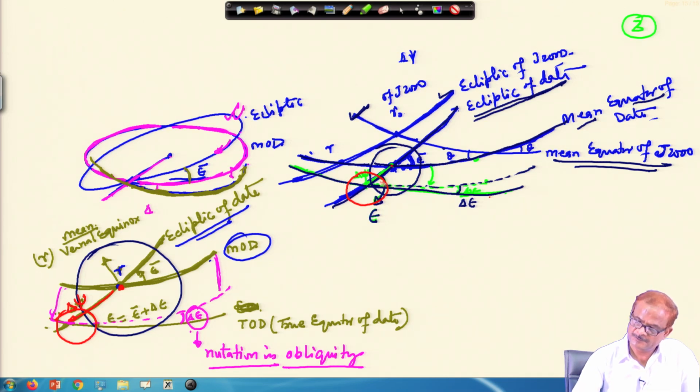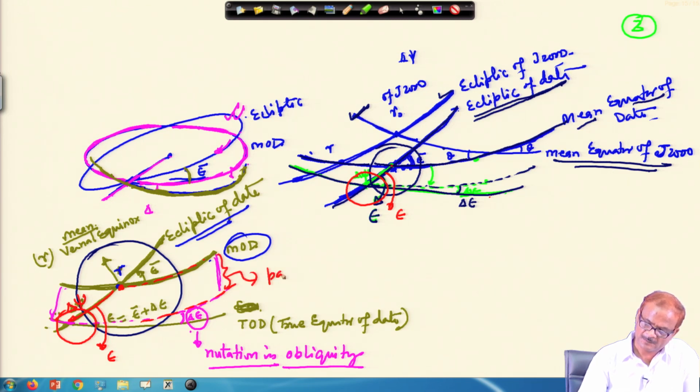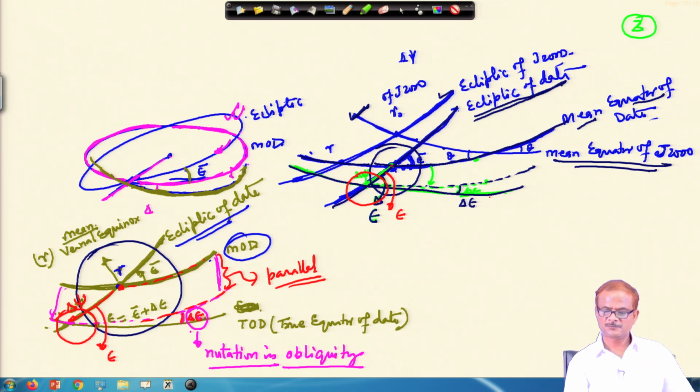From here to here we have given rotation by epsilon. This rotation is given by epsilon, and with respect to this line, these two are parallel. Therefore, this appears as delta epsilon.